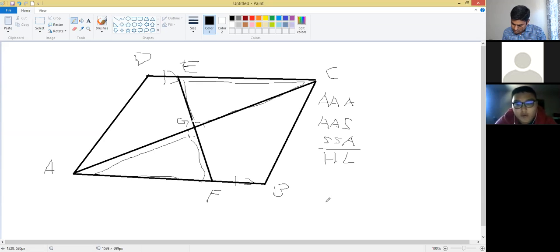So okay, which two sides do you think are equal? AG and CG. We don't know that for sure right now. I mean, you can see that. That's also right.